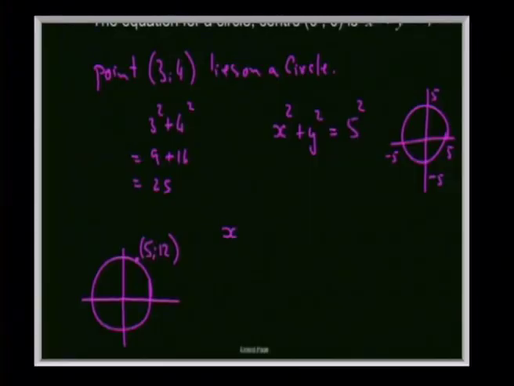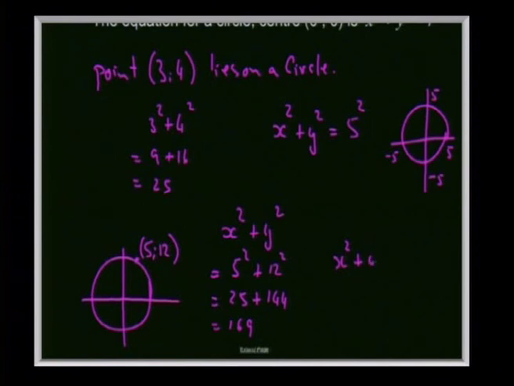So x squared plus y squared will be equal to 5 squared plus 12 squared, which is 25 plus 144, which is 169. Yep, 13 squared. So the equation of the circle is x squared plus y squared is equal to 13 squared. You can write 169, not a problem.